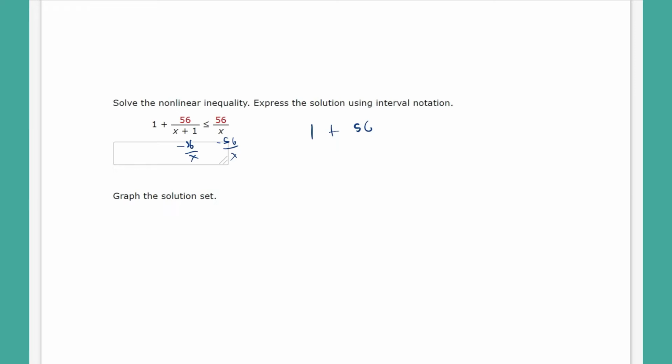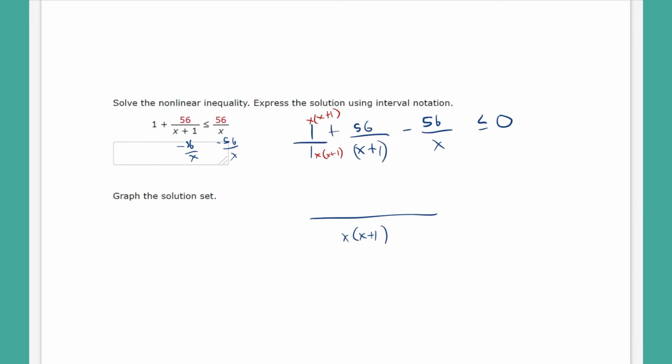So we have 1 plus 56 over x plus 1 minus 56 over x less than or equal to 0. Similarly, we need to combine these three terms into one, so we need an LCD. So the LCD will be x times x plus 1. So if you turn this into a fraction, you're going to multiply this by x plus 1, top and bottom.